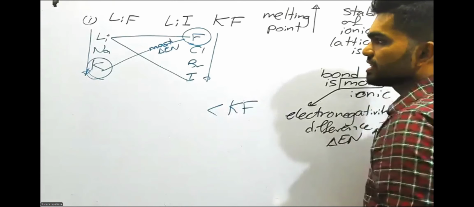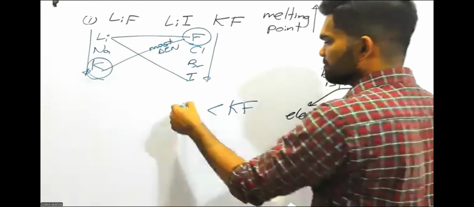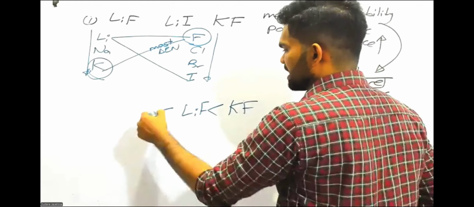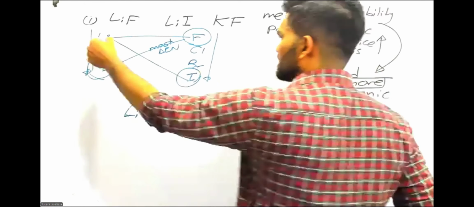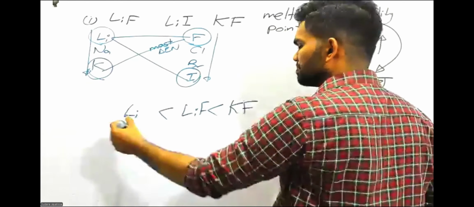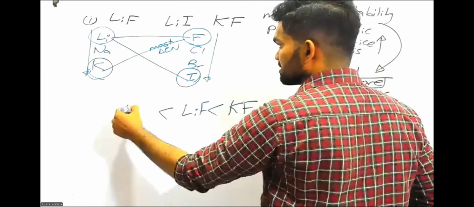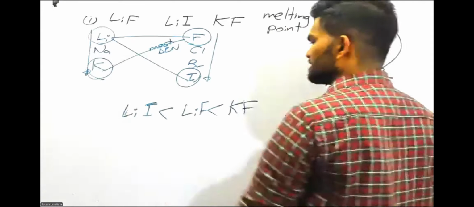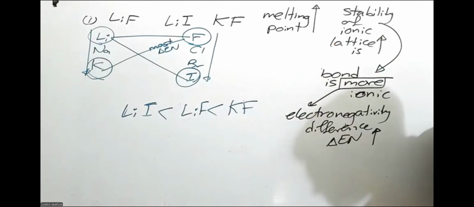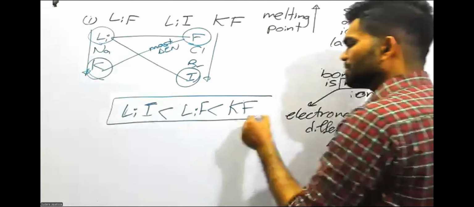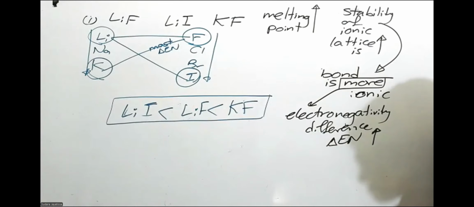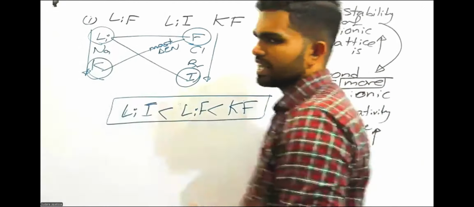Then between lithium fluoride and lithium iodide, lithium fluoride should have a higher value, and lithium iodide is the one with the least electronegativity difference. So in this order, melting point changes. Understand? So write a short review on that.